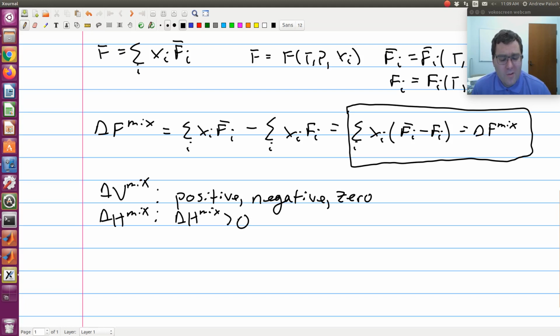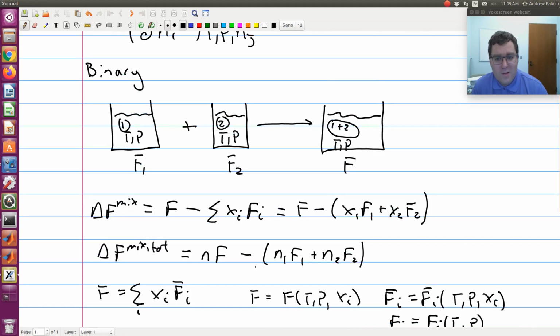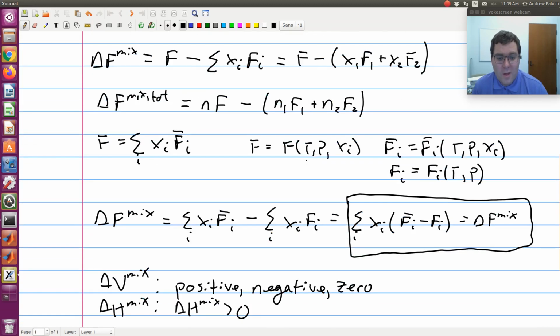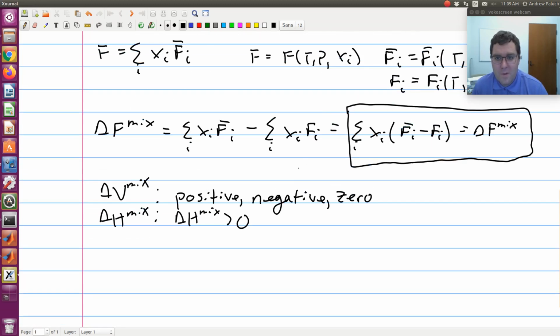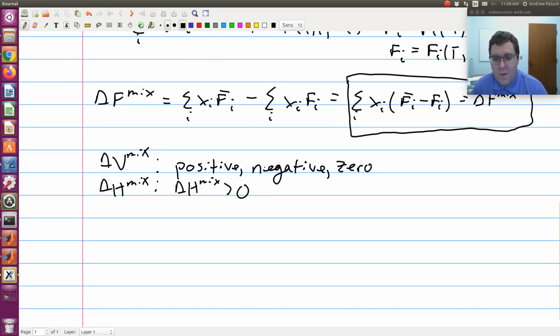Now, delta H of mixing also corresponds to something physical. When I look at this mixing process, I'm mixing at constant temperature and pressure. If I were to do my first law energy balance for an open system where the number of molecules is changing, it would just reduce to Q equals delta H, and the delta H of interest here is delta H of mixing.